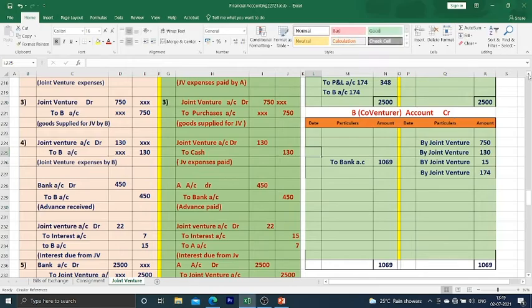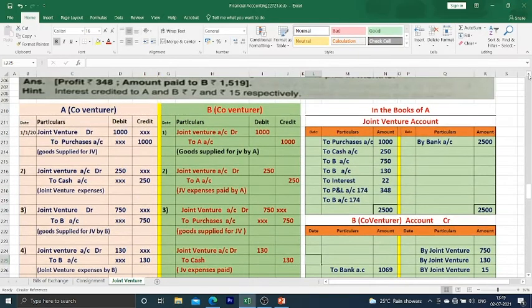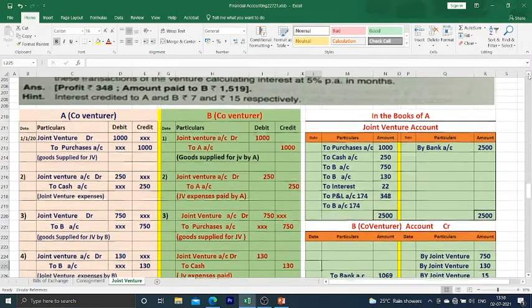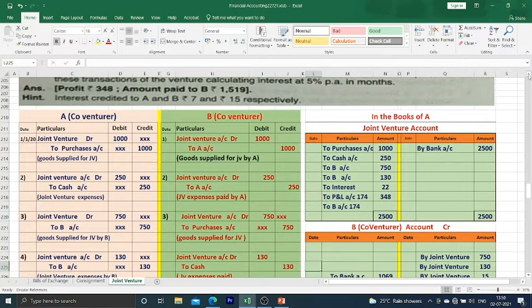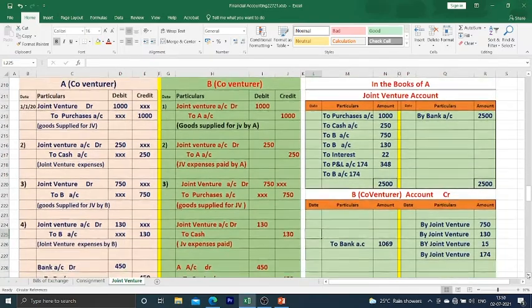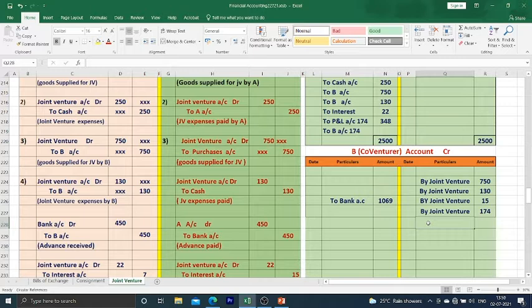Okay. 1519 amount paid to B. B amount 750, 138.80 as advance is there. By bank. That's all.